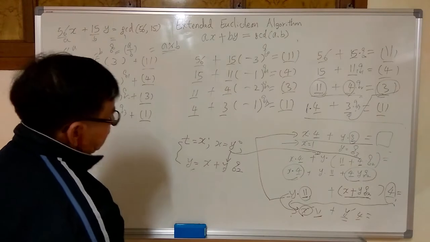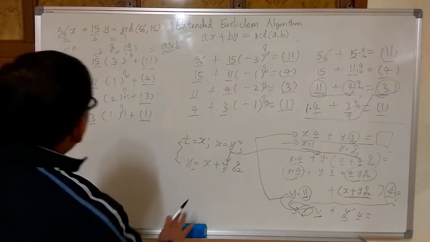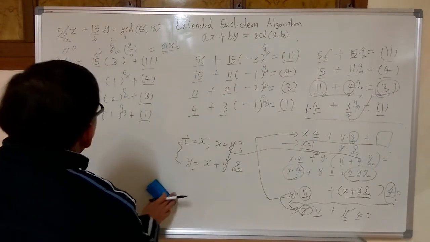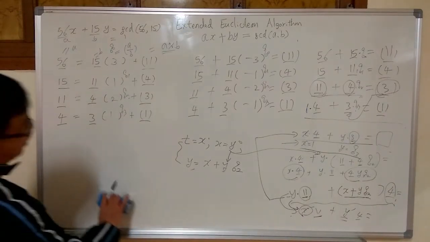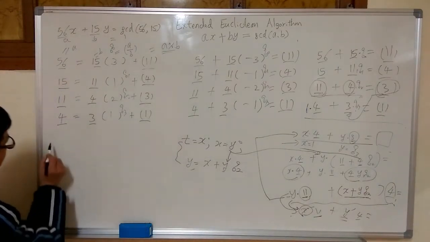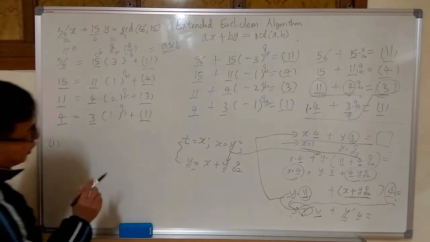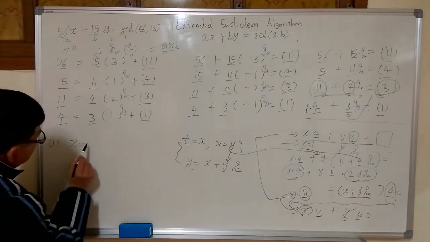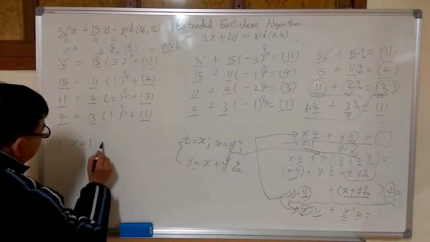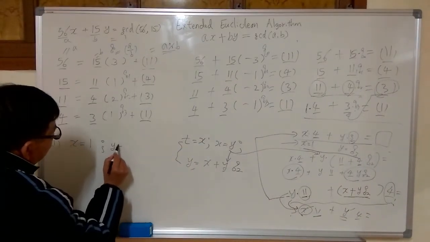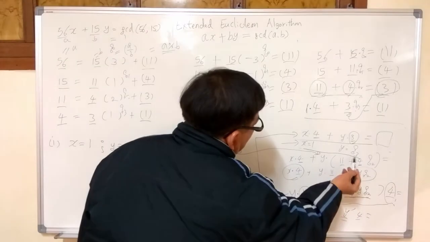I will summarize here. Initially x equals 1, y equals q3, the last one.